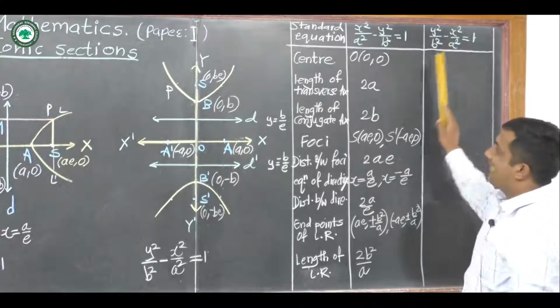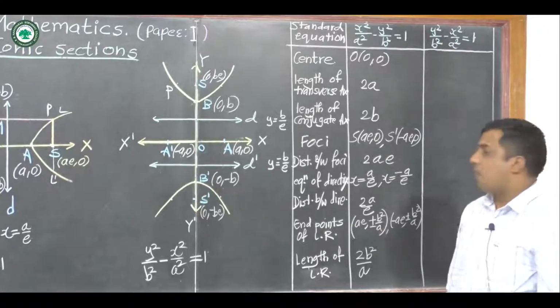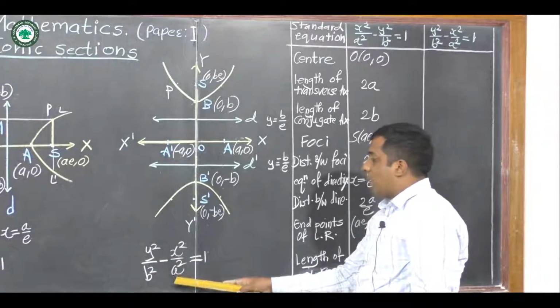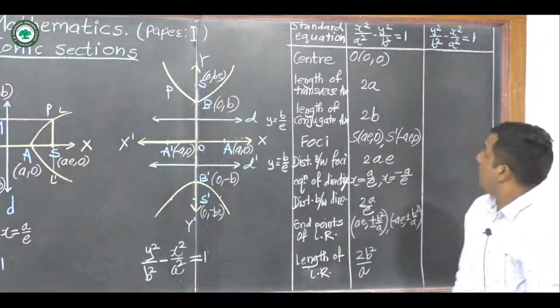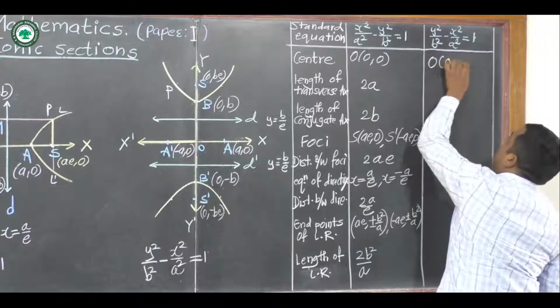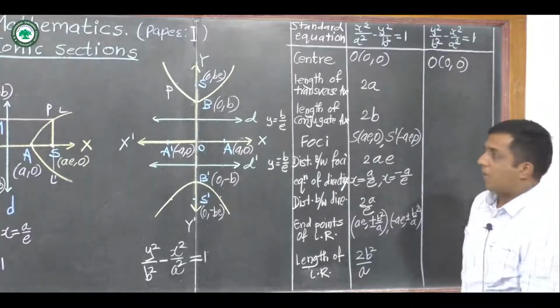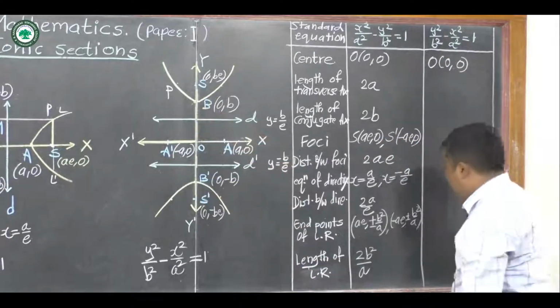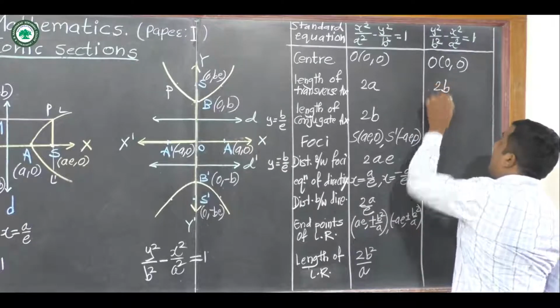Similarly, for the second standard equation of the hyperbola, y square upon b square minus x square upon a square equals 1, the center is at the origin, that is O (0, 0). The length of the transverse axis, that is VV dash, is 2B.